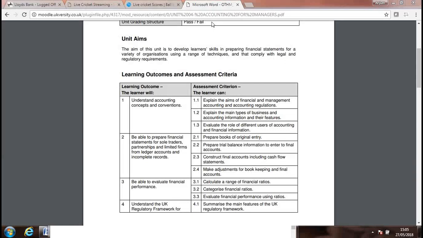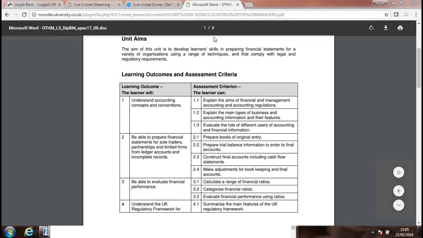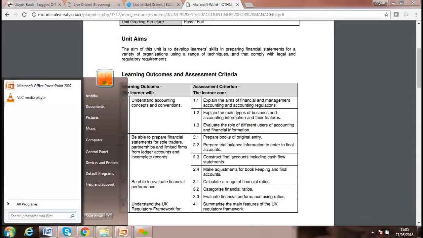Yes, Daniel, do you remember what we learned during the last lesson? The financial accounting and users of the... Yes, we learned about the sole trader, partnership, and companies.